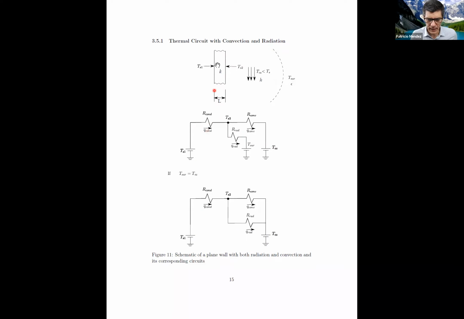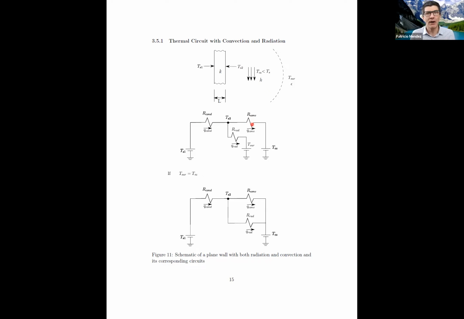And the wall has a thermal resistance to conduction, and we have it here. And then it has some thermal resistance to convection outside, which is here. So far, the same we have seen before. But in addition, we have a heat transfer by radiation that happens simultaneously with the convection.